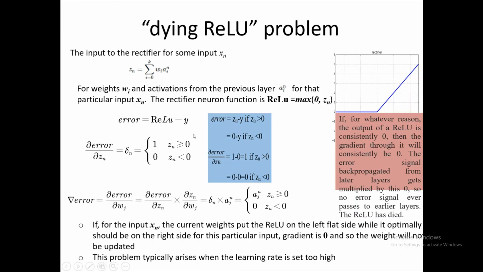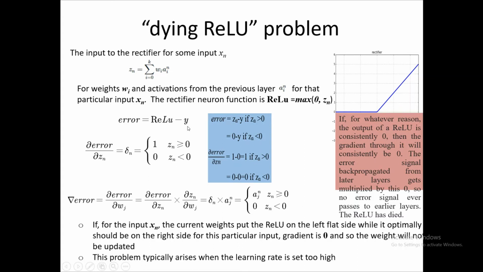And to estimate the gradient descent, we have to first estimate the error. This error is the difference between the current output, which is ReLU here, and the target output y.